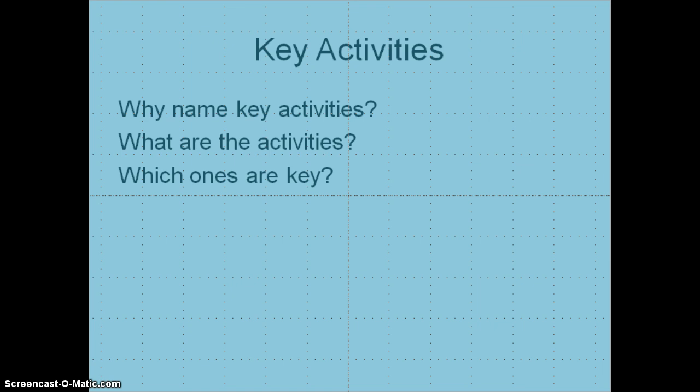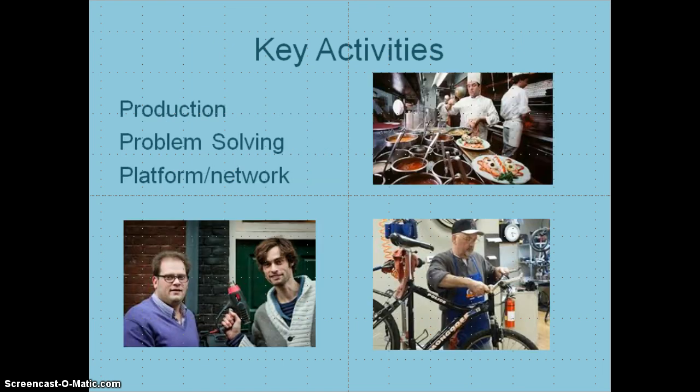That's more of a consultant's type of view. So, but anyway, naming your activities and making a distinction to which ones are key and which ones are not can be quite important. So, according to the business model generation book, there are 3 types of activities.